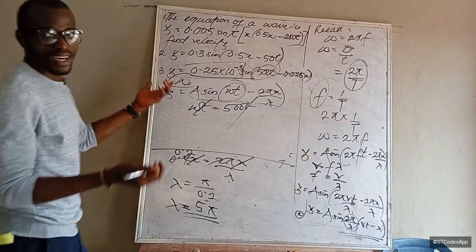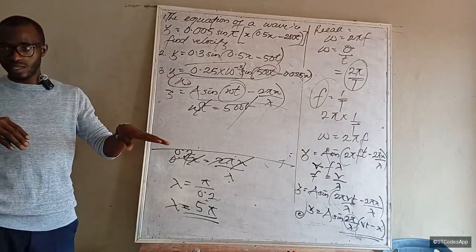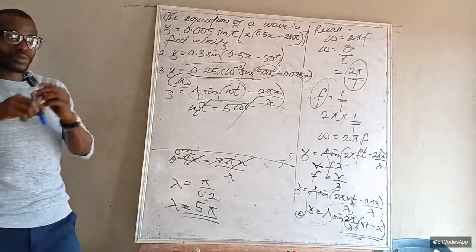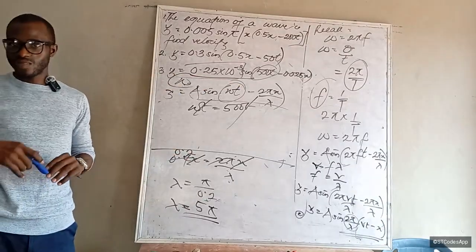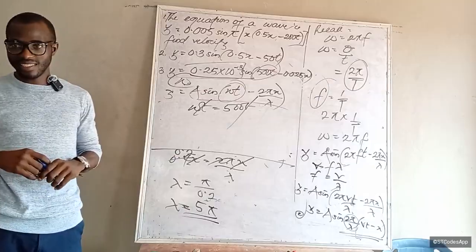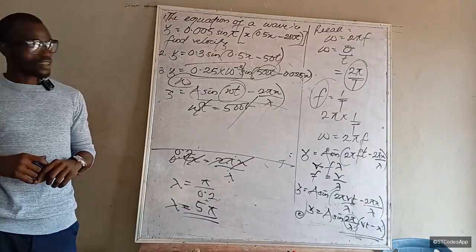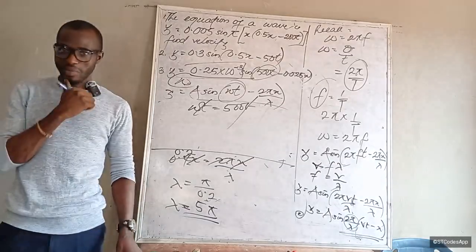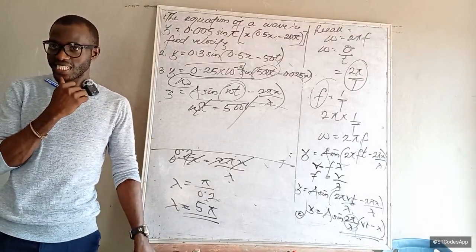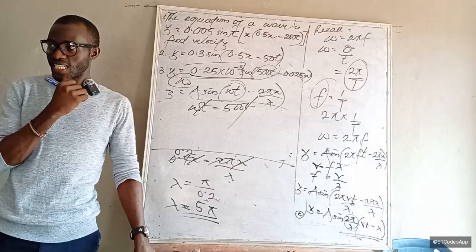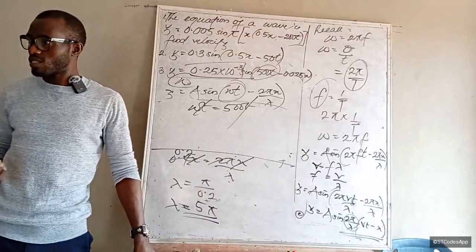What's that? Maximum displacement from equilibrium position is called what? Maximum upward or downward displacement. What are you looking for there? What's it called, of a wave?